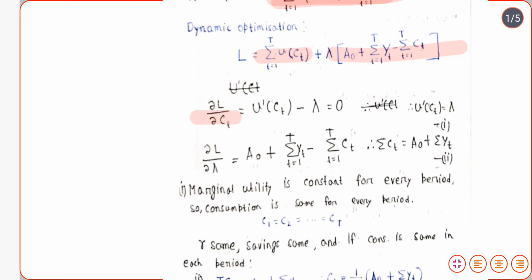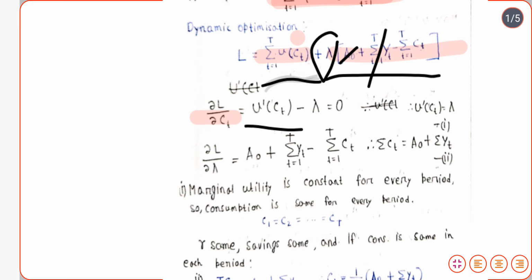When we differentiate this portion with respect to ct, we obtain u dash ct. After differentiating with respect to ct, the other portions will not have any derivative, but the constraint portion does, and the ct terms will be gone, so only lambda will survive. There is a minus in this portion, so we get u dash ct minus lambda is equal to 0.